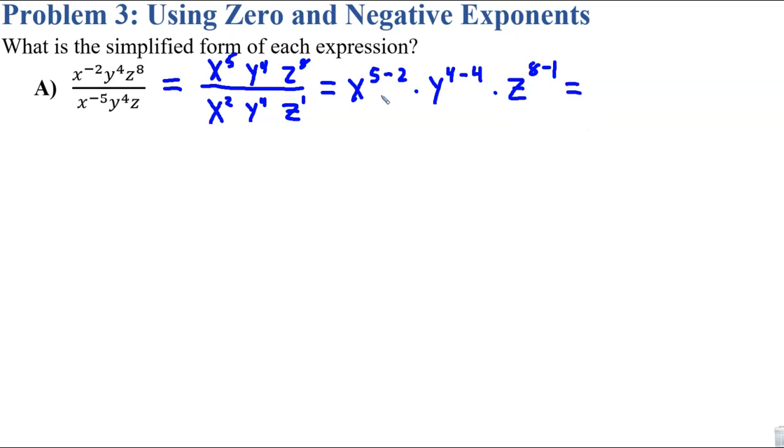So this will all reduce down to then 5 minus 2, so that'll be x to the 3rd. We can call this piece here y to the 0, which equals 1. I don't need to include that in my final answer. And then z to the 8 minus 1 would just be z to the 7th. All right, there's my simplified answer here.